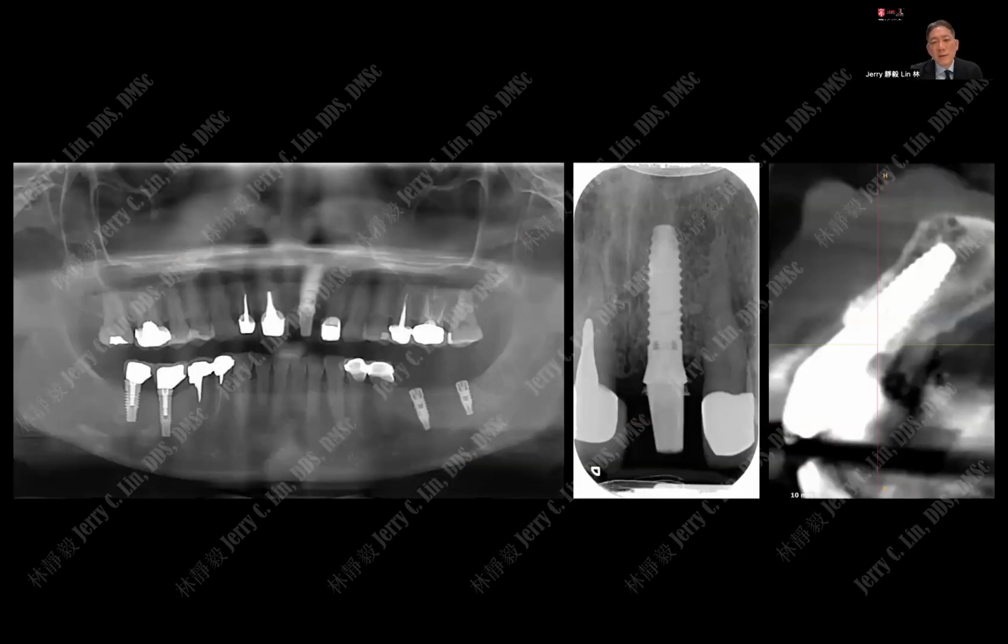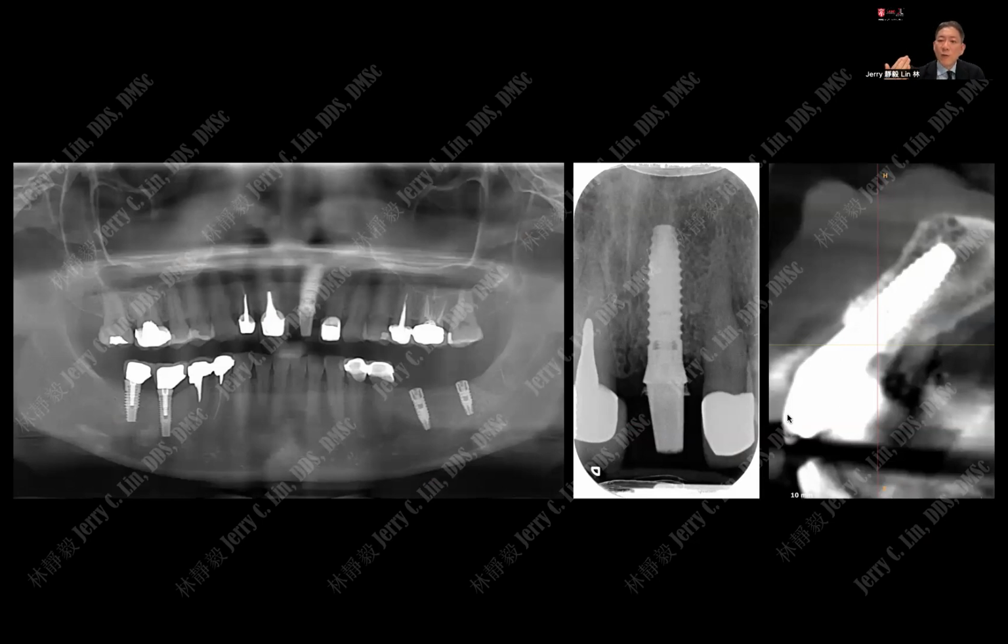But when I looked at this patient, the X-ray, well, this is the cone beam CT taken after I restored everything. I didn't have the initial cone beam CT taken. When we look at that, the implant was placed off axis, not in a proper position.